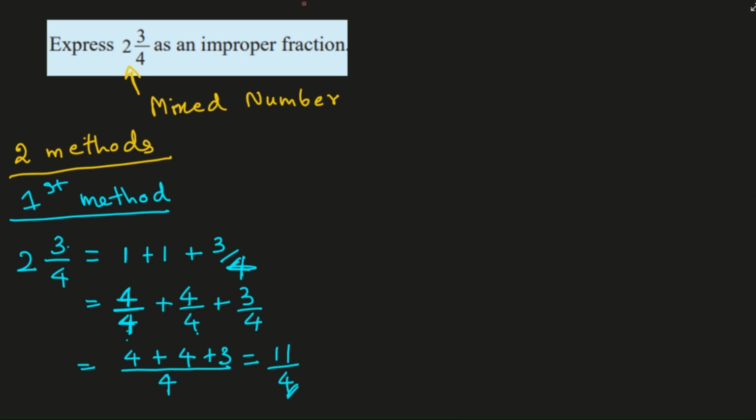What I wanted to tell is, this is only the first method. So what will be the second method? For me, this is the easiest. What is the second method of converting a mixed number into an improper fraction? 2 and 3 upon 4.